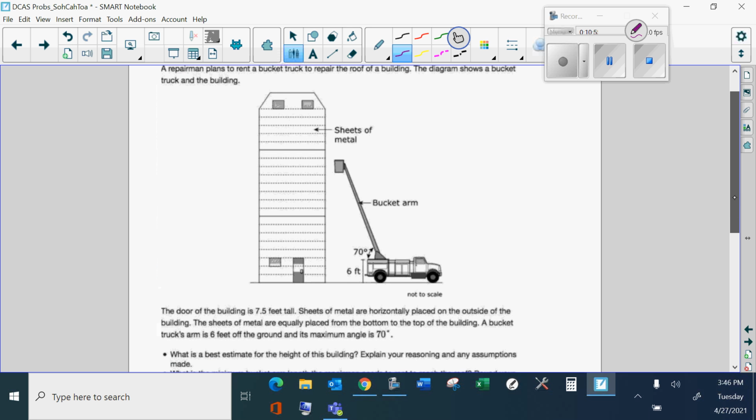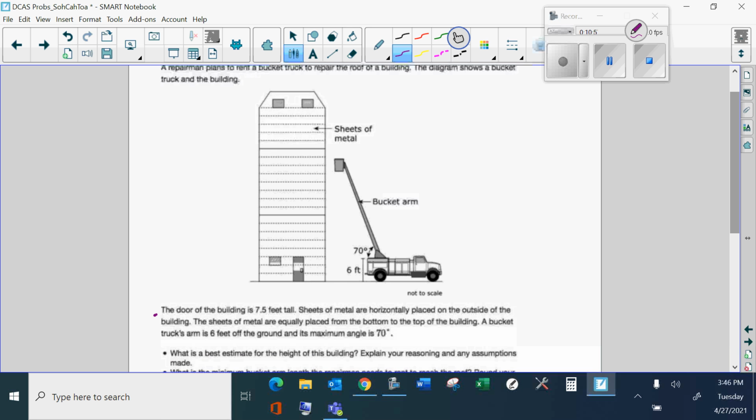Next. It says the door of the building is 7.5 feet tall. So that right there is 7.5. All these sheets of metal are equally distant, so 7.5 divided by 3 is 2.5 each, 2.5 feet each. I count up how many there are. 1, 2, 3, 4, 5, 6, 7, 8, 9, 10, 11, 12, 13, 14, 15, 16, 17, 18, 19, 20, 21.